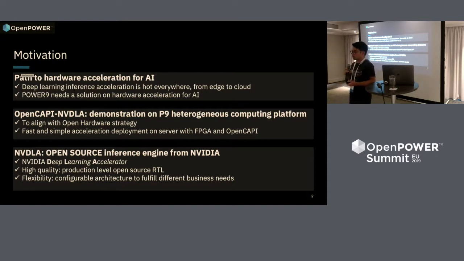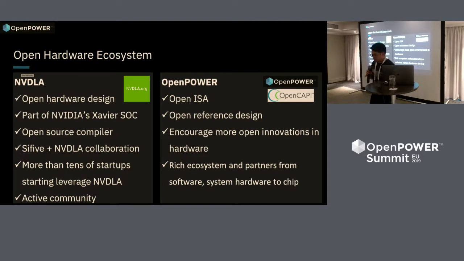So that's why we try to fill this gap between research and real production. Speaking about the ecosystem, let's take a closer look at what the current status is and what we have now.